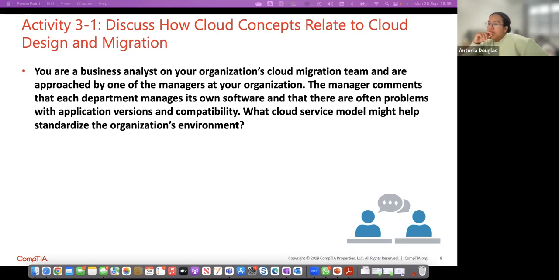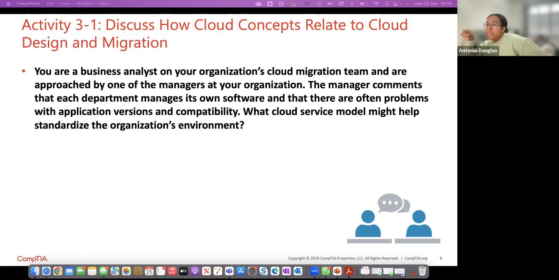You're a business analyst on your organization's cloud migration team and are approached by one of the managers at your organization. The manager comments that each department manages its own software and that there are often problems with application versions and compatibility.